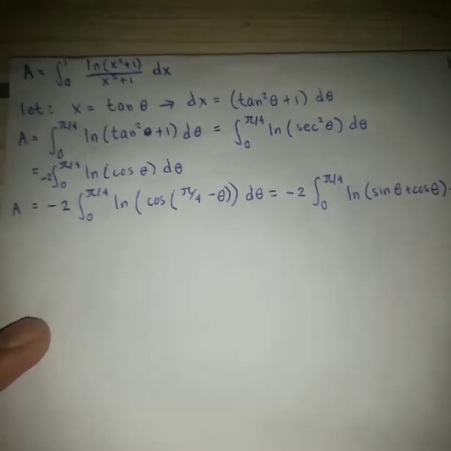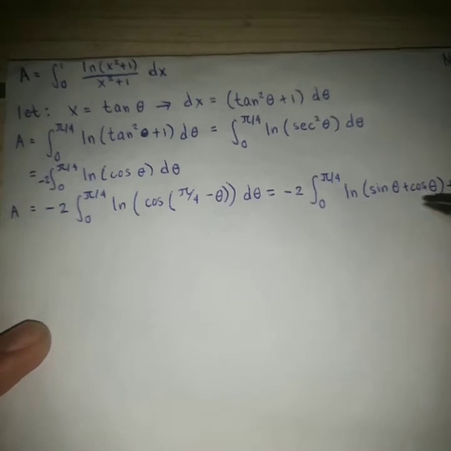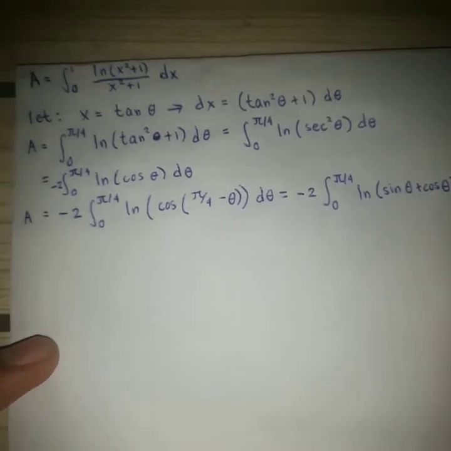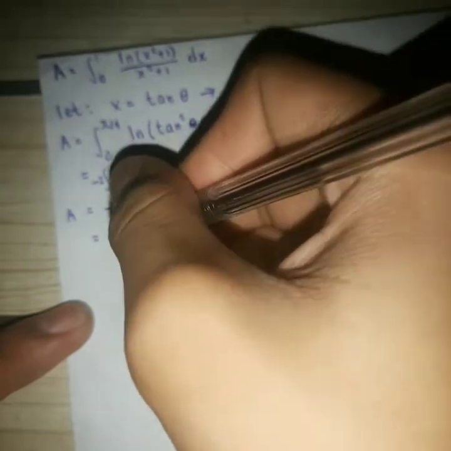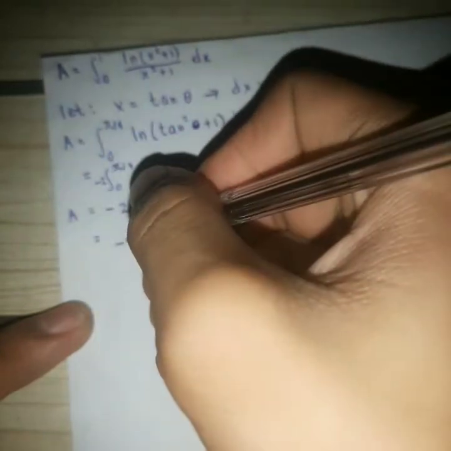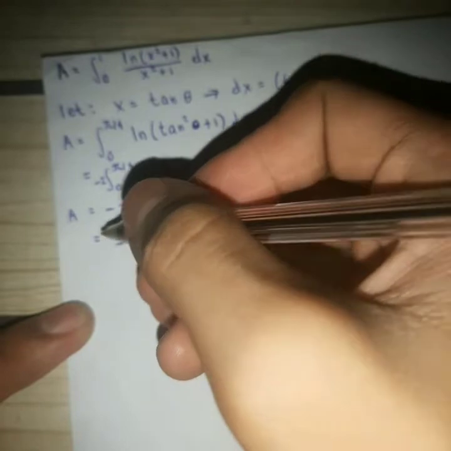So now we have this, and it is also equal to negative 2 times... we will just transpose this negative 2 to the left hand side, and we will have negative A over 2. We will just cancel it.